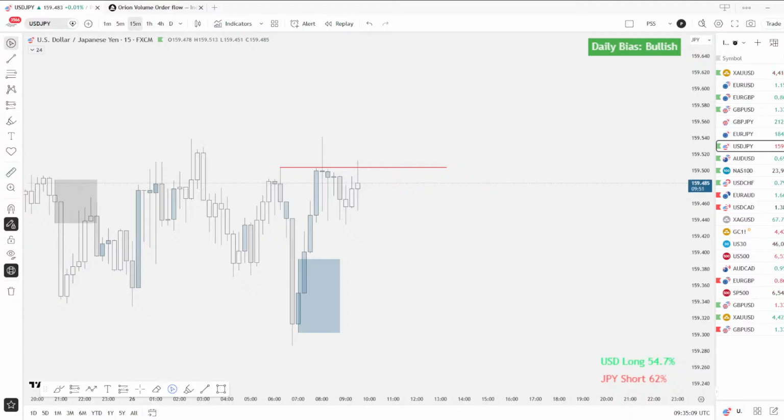There you go. Just chop that in a little bit. Beautiful.